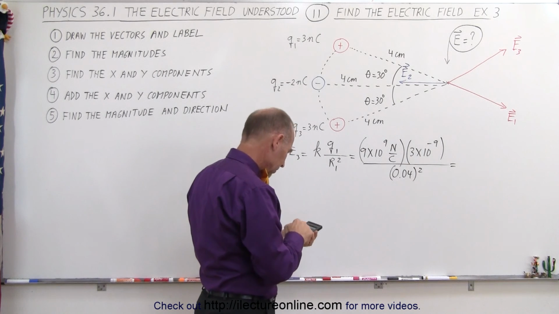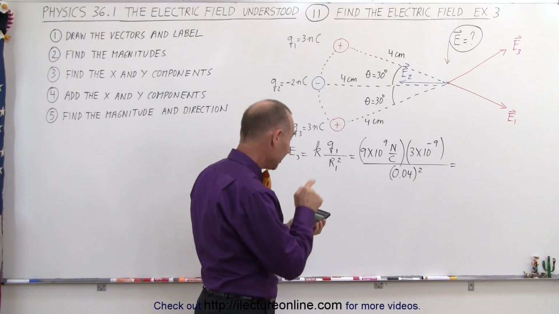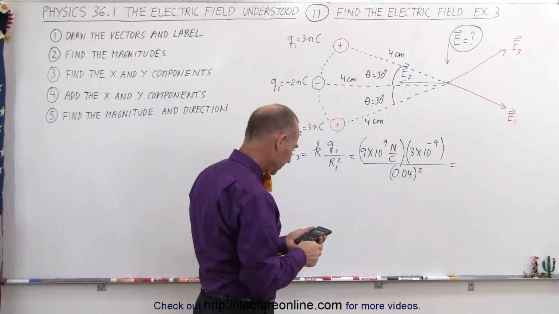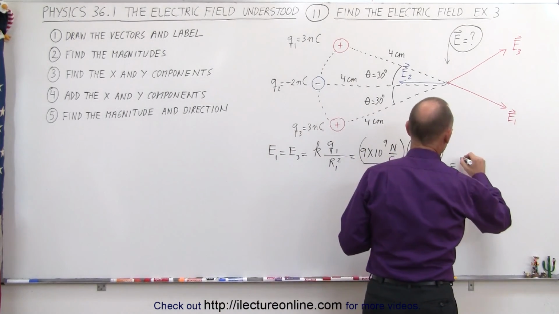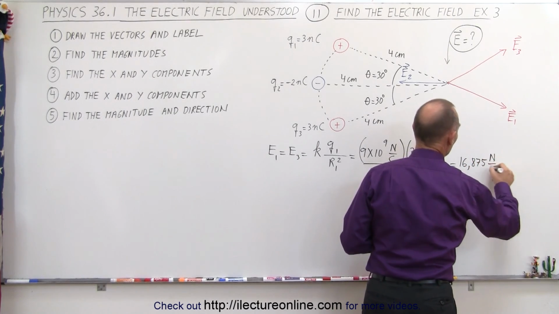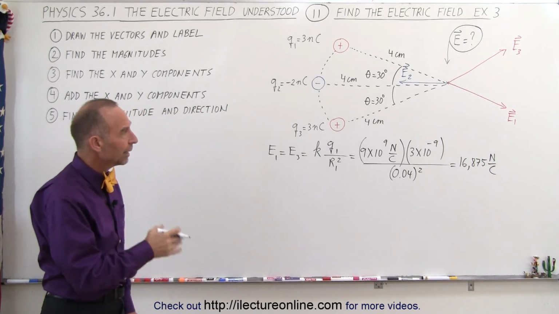So I have 9e9 times 3e-9 times 1 divided by 0.04 squared, and that equals 16,875 newtons per coulomb. That's the electric field strength or magnitude for both E1 and E3.